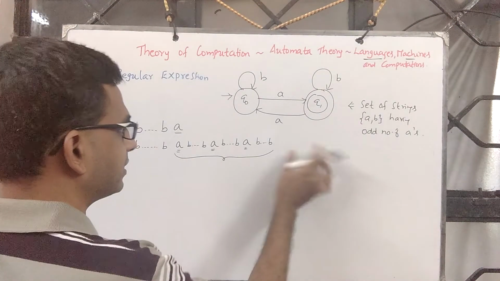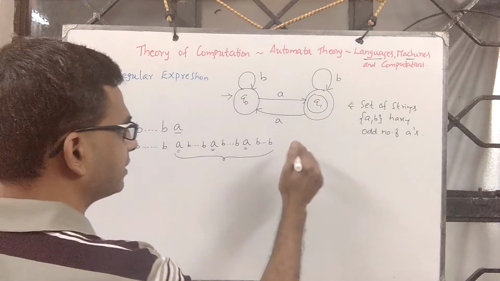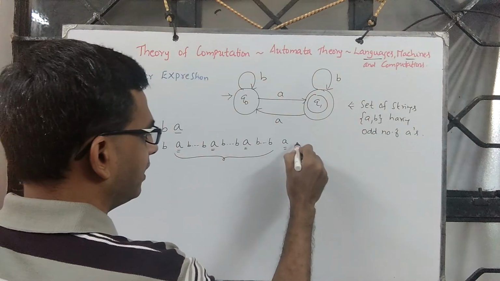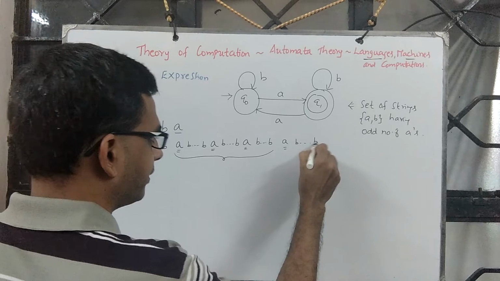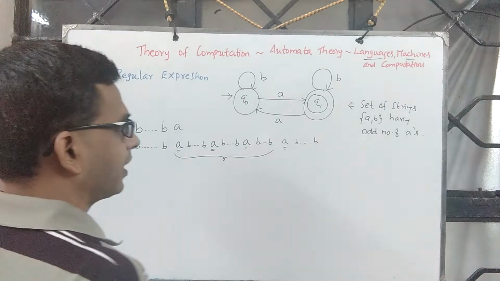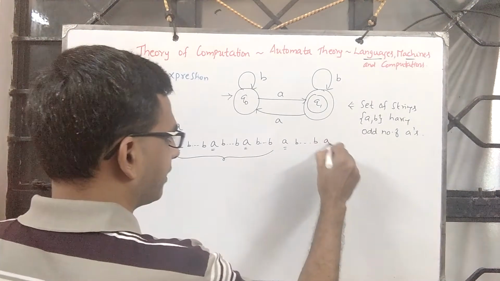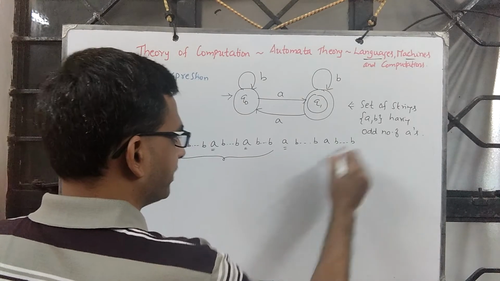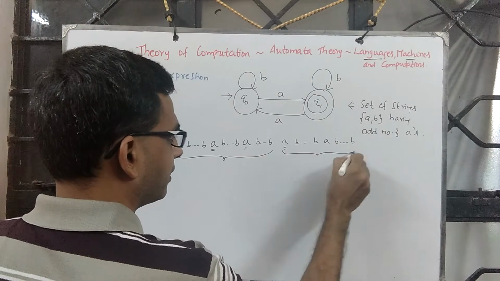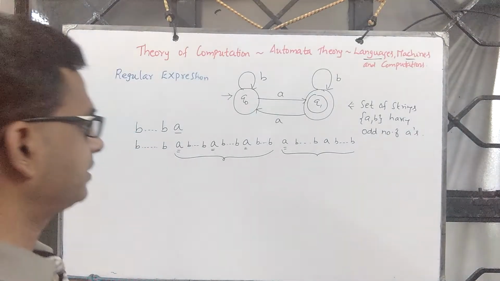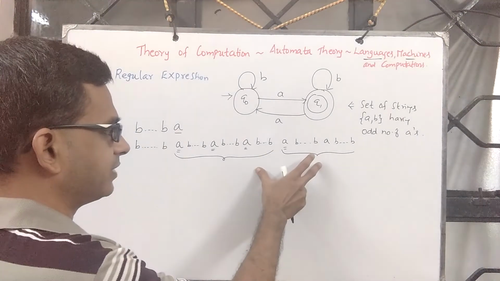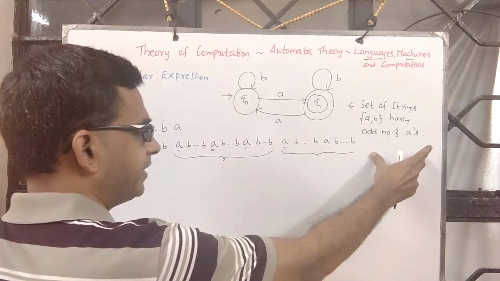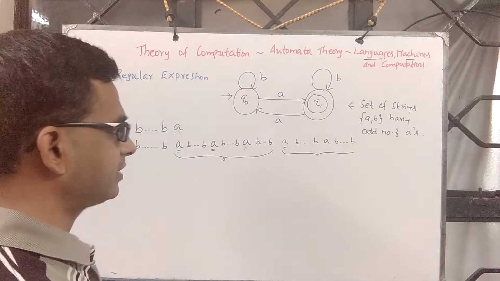So after reading this many b's, you can take one a and then read some more b's, and then take a and then read some more b's. Correct? Now this gives you 5 a's. Again you repeat this, we get 7 a's.